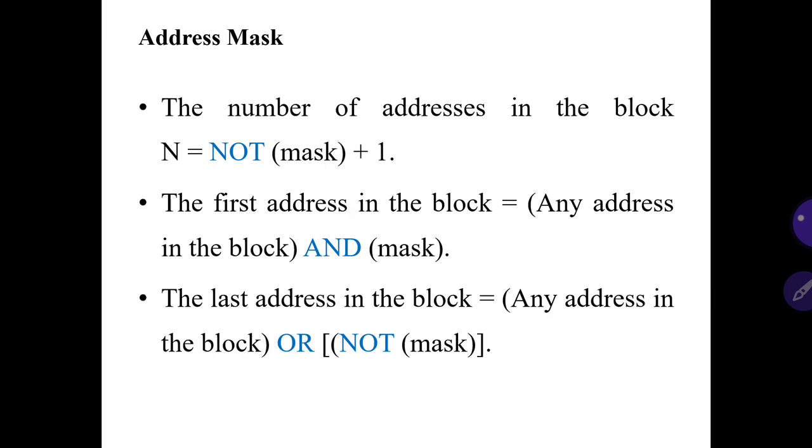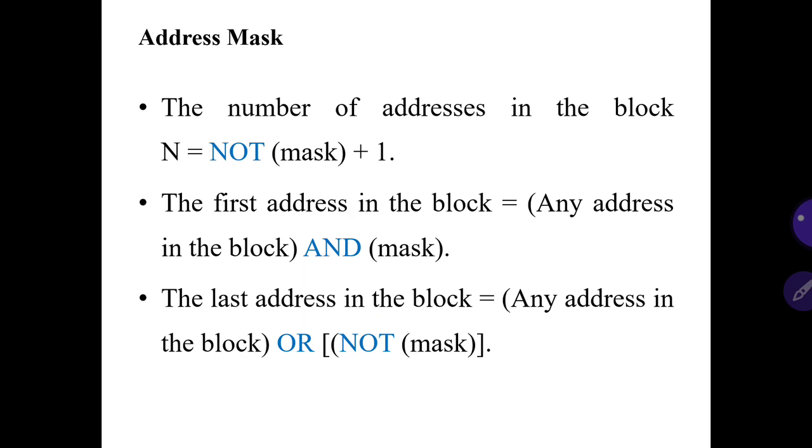Address mask: the number of addresses in the block N is equal to NOT of mask plus 1. Okay, this is a second way of calculating the total number of addresses, first address and last address. The mask is given in the slash n notation. For NOT of mask, write down the mask in ones and zeros.